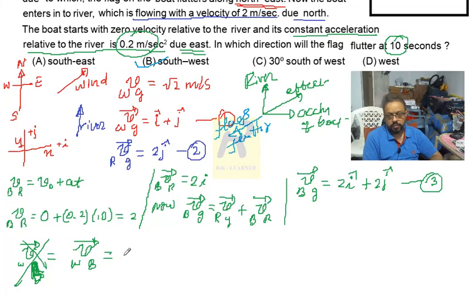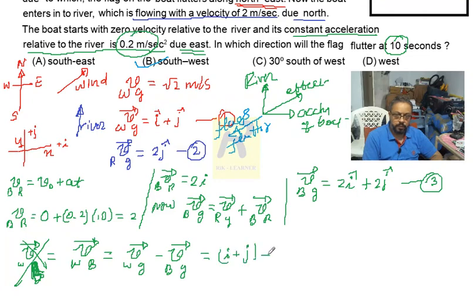So V_WB is equal to the velocity of the wind with respect to ground minus the velocity of the boat with respect to ground. These two things should be subtracted. So the velocity of the wind with respect to ground is written like this, i plus j. This is from equation 1.